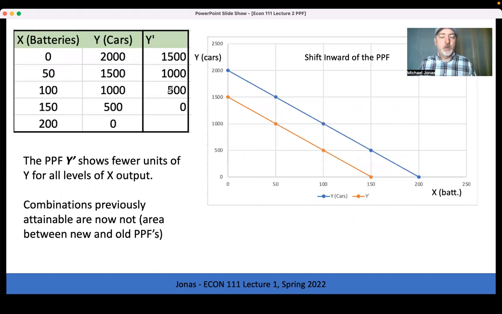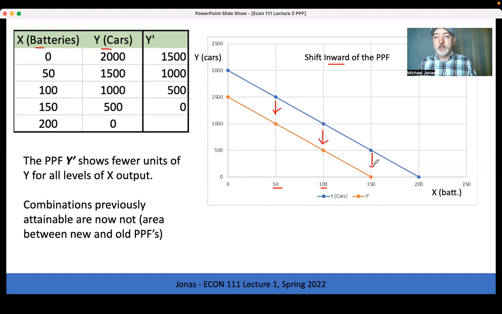So again, starting with the original PPF numbers here, the X and the Y, if we see a shift inward of the PPF, one way to think about it is that for every level of X, Y is going to be decreased. The maximum level of Y that we can produce is going to be decreased.